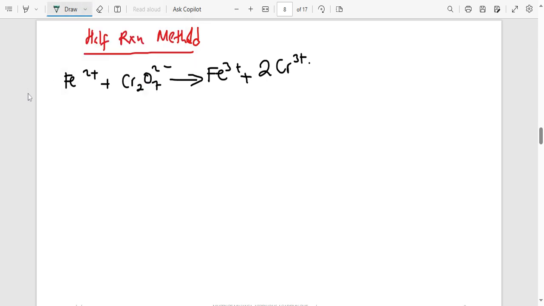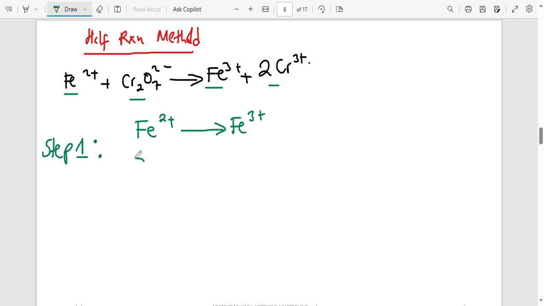Step 1 on this method, you always first break your equation into 2 half reactions. So the iron ion is going to pair up with the iron ion. So we're going to write Fe2+ goes into Fe3+. This one also has a chromium, it will go also with the chromium there.